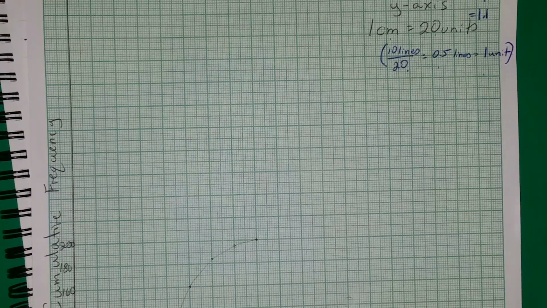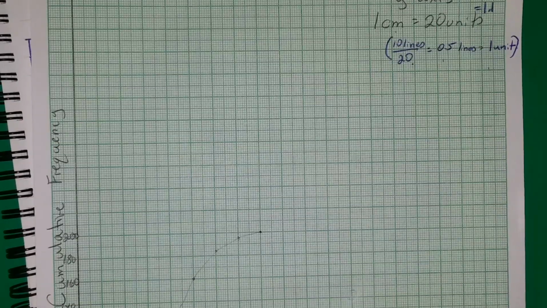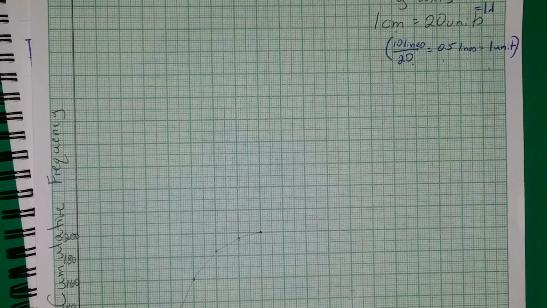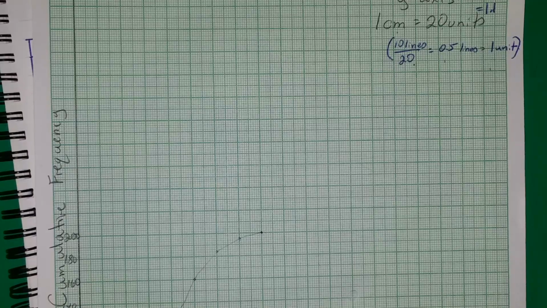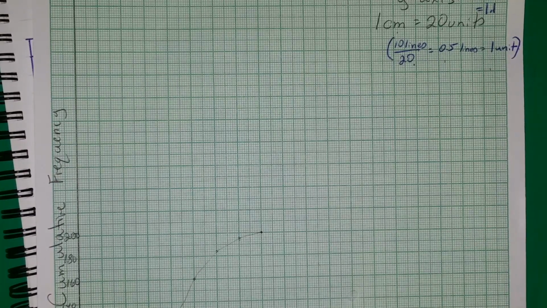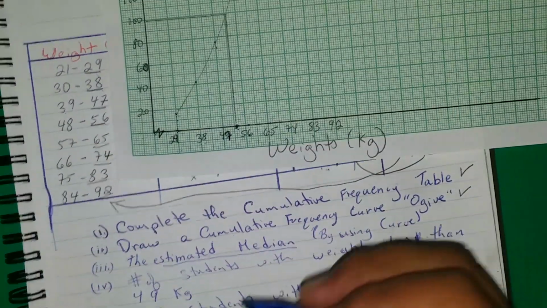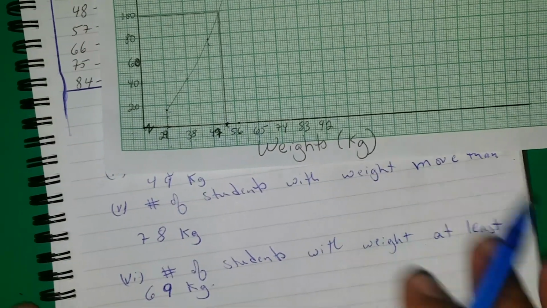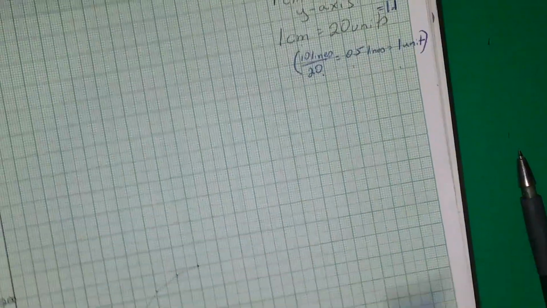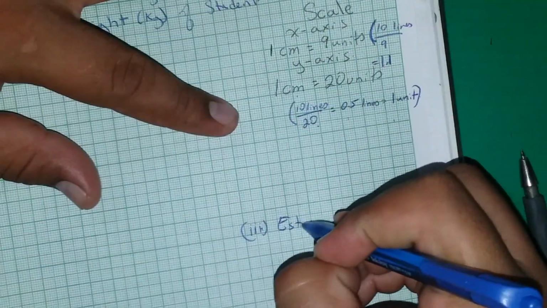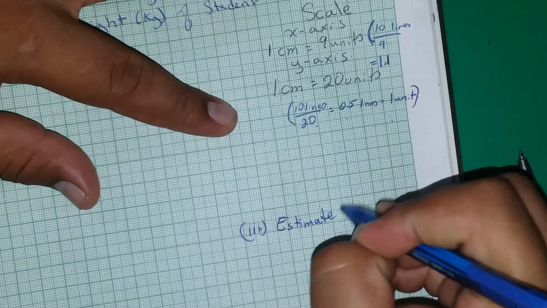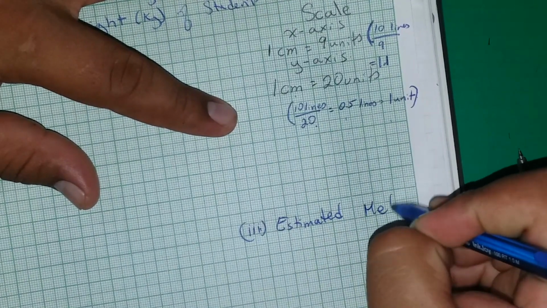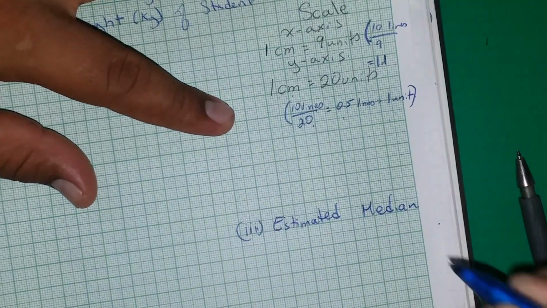So let me write in my answer. Let me check it again. 47, 48, 49, 50, 51, 52, and I have 52. So I'm going to put estimated median, put it down here. So I put it here. 3, estimated median, not mean. I keep saying mean, but it's median.